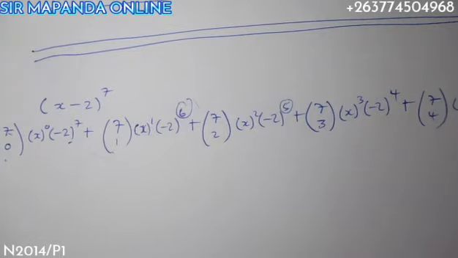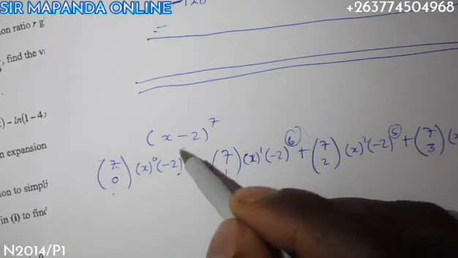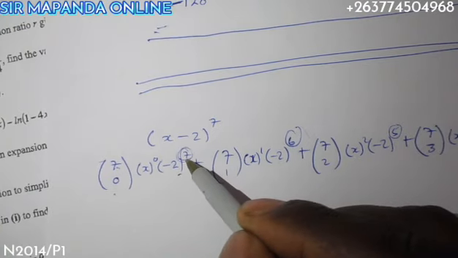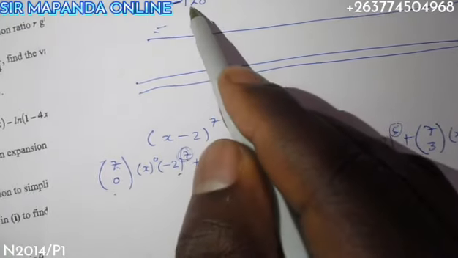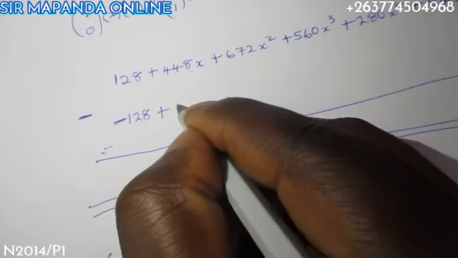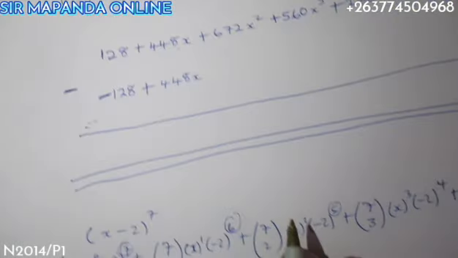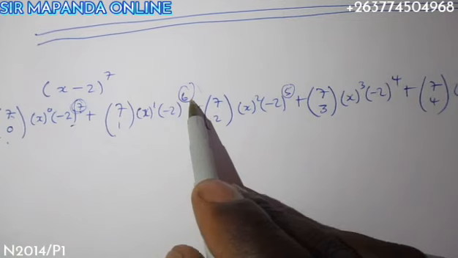That's the concept, right? So here was an odd power, which was 7. That's why it remained negative. But on this one, I'm going to get 448x, since 6 is an even power.